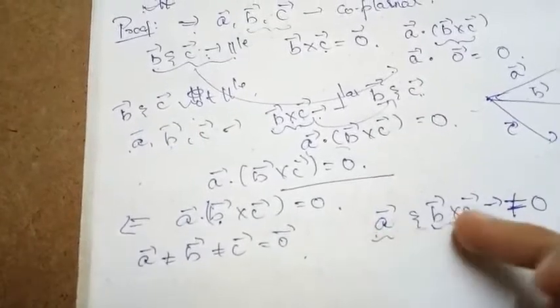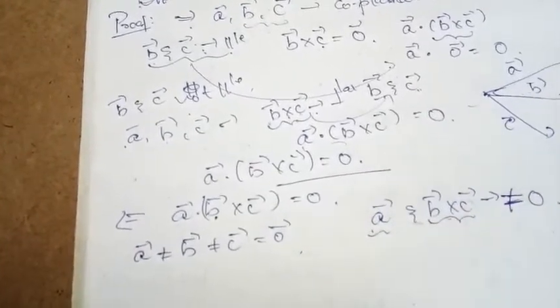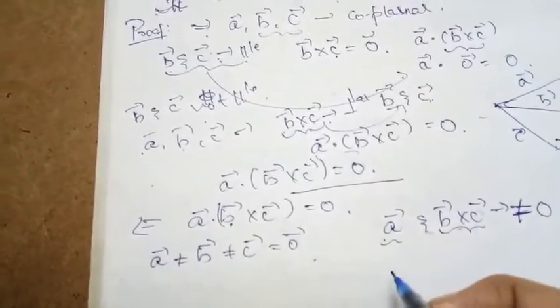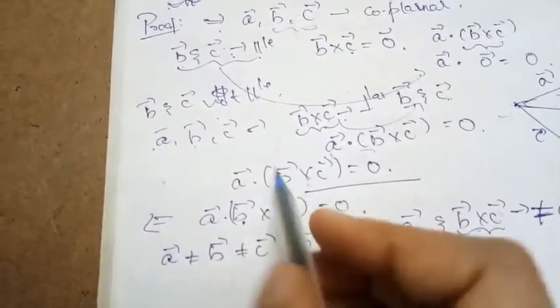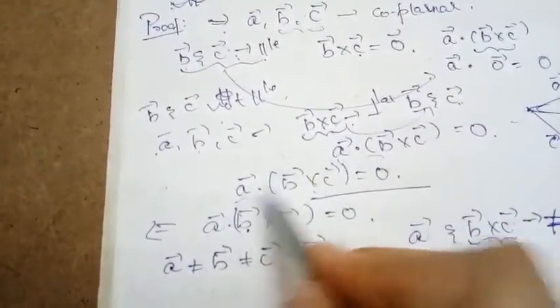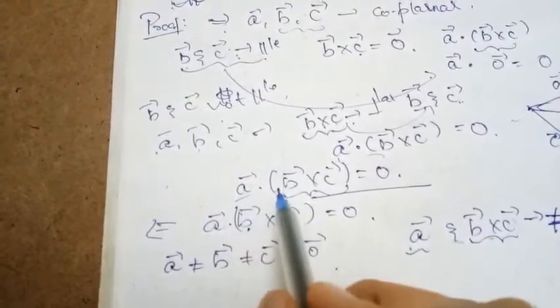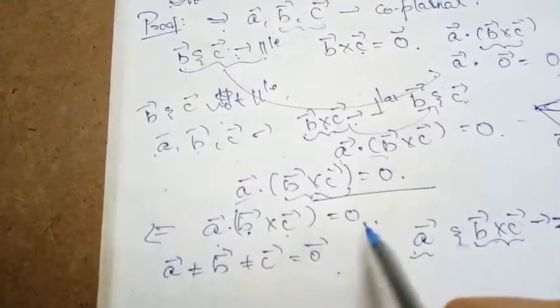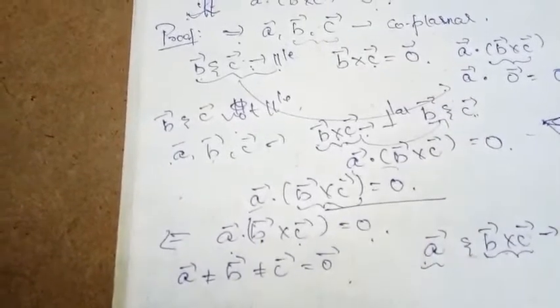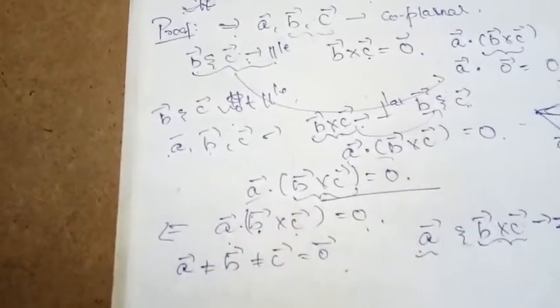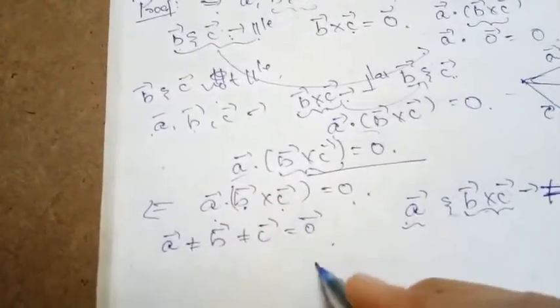Here we are having two vectors, that is vector A and the cross product of these two vectors. They are saying that vector A dot B cross C is equal to 0, and both vectors are not equal to 0, so what does that imply?